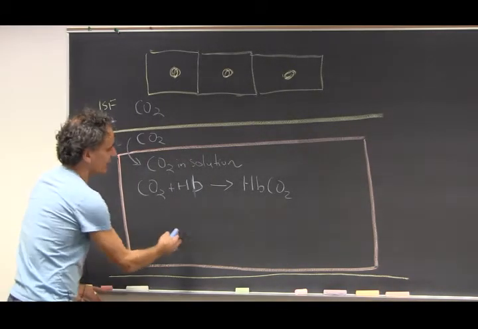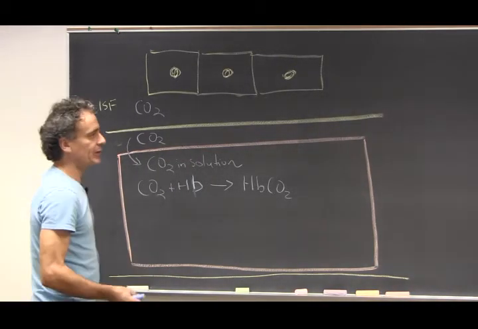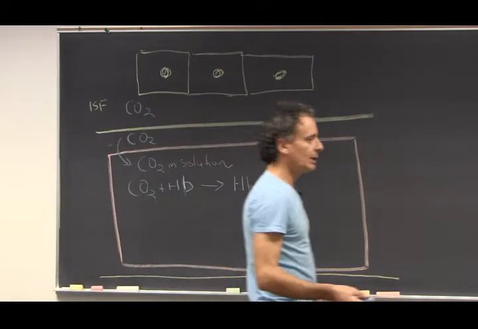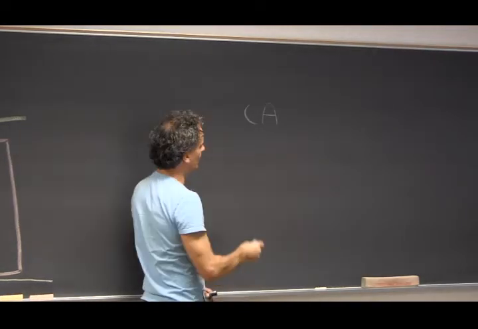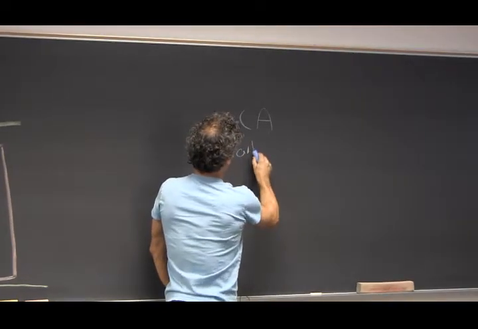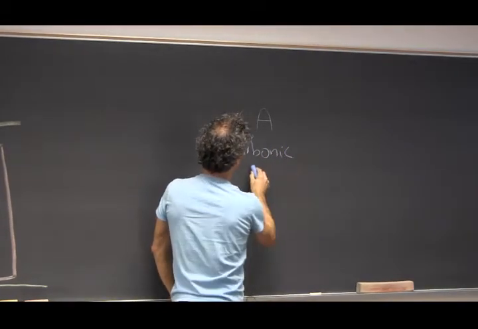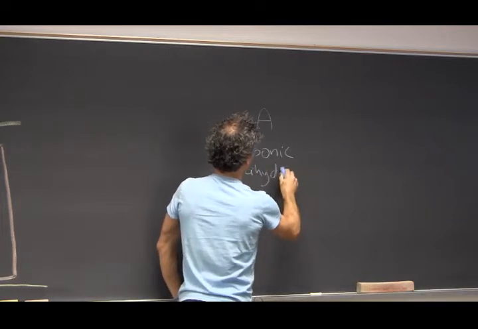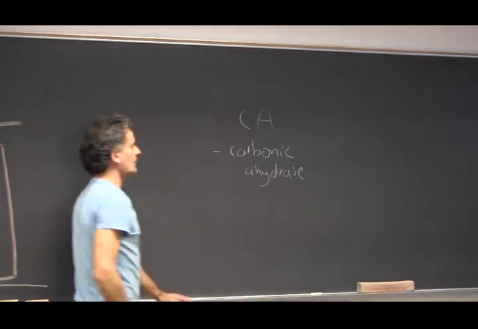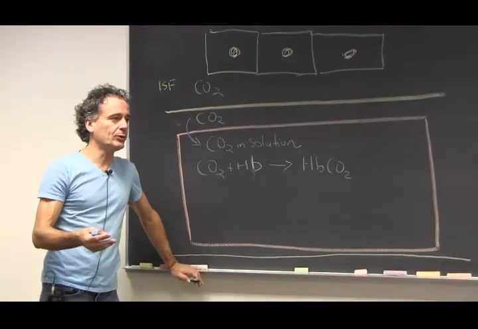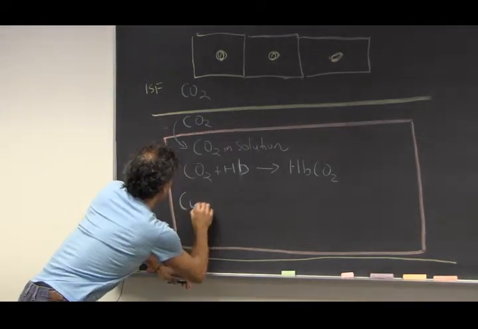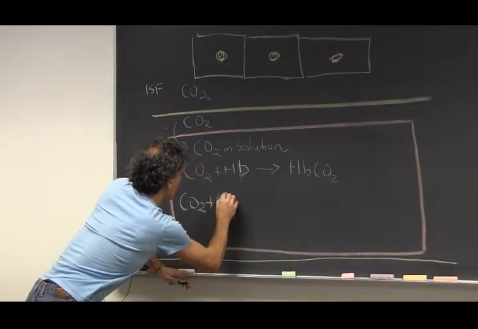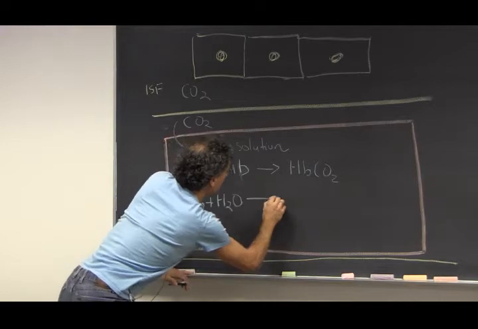Now, in the red cell, there's a very high concentration of an enzyme known as CA, that you've encountered before, and CA is carbonic anhydrase. And carbonic anhydrase will catalyze a reaction between CO2 and water to form carbonic acid. So CO2 also reacts with water in the red cell.